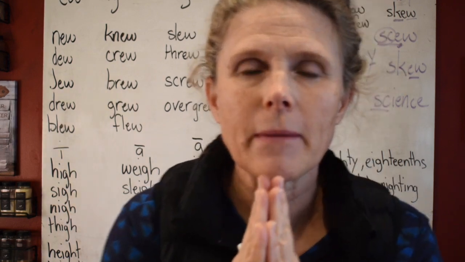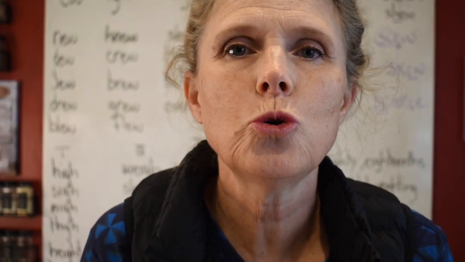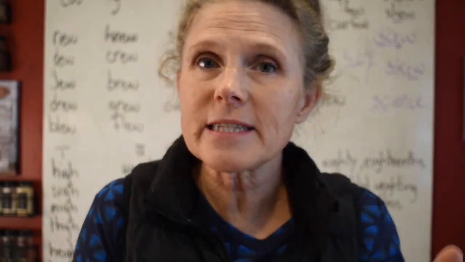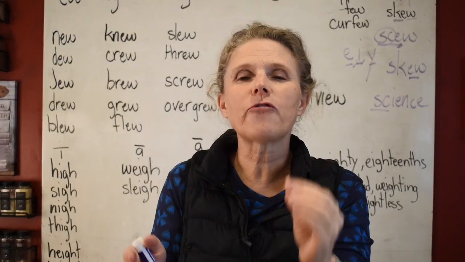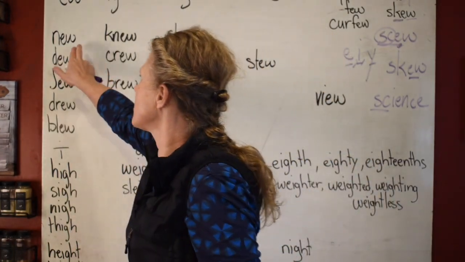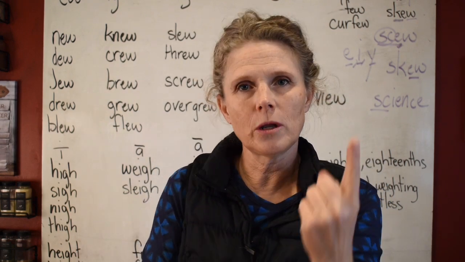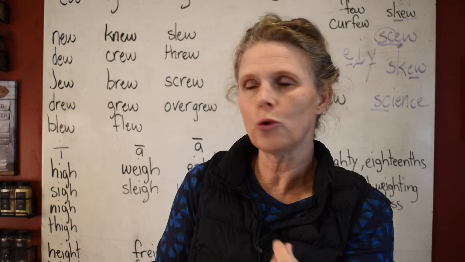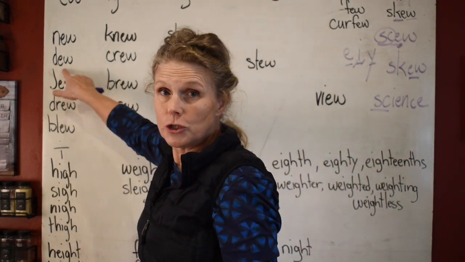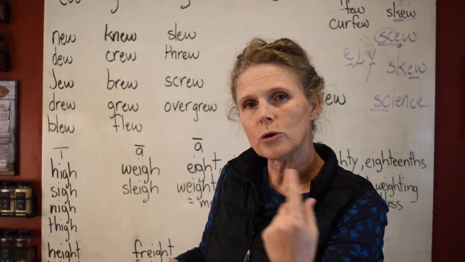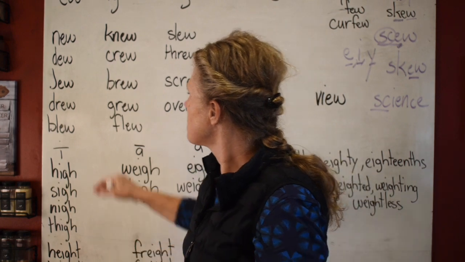And look at my mouth. It's going to say ooh. See, look at my lips. Ooh. Now that hard sound is actually forcing these two letters to say ooh, as in new, ooh, new. And then do, ju, j, ooh.